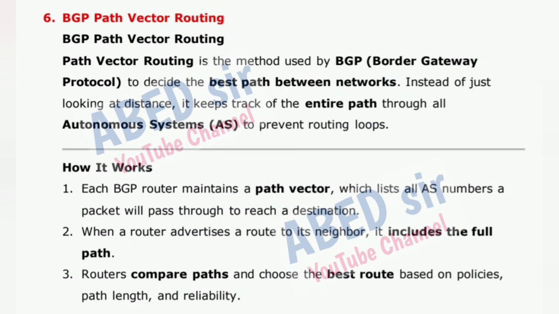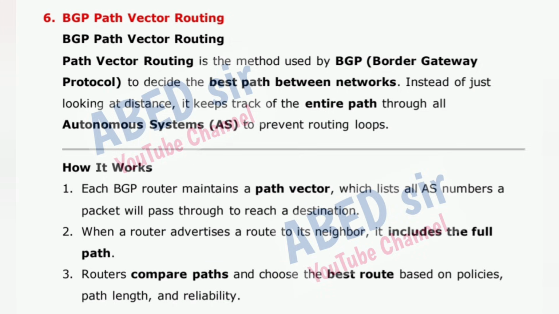BGP Path Vector Routing. Path vector routing is the method used by BGP, Border Gateway Protocol, to decide the best path between networks. Instead of just looking at distance, it keeps track of the entire path through all autonomous systems so as to prevent routing loops. How it works. 1.